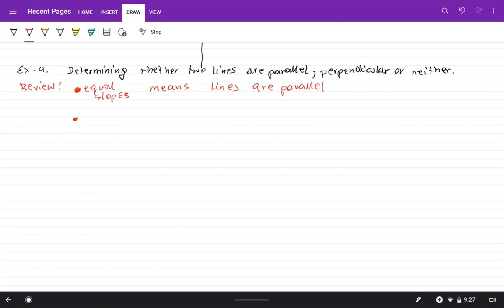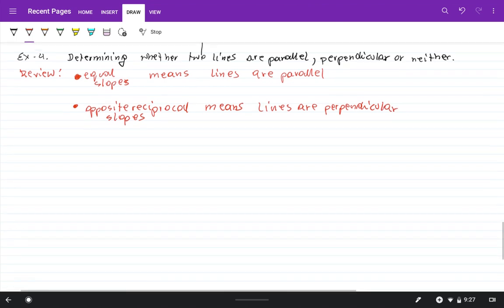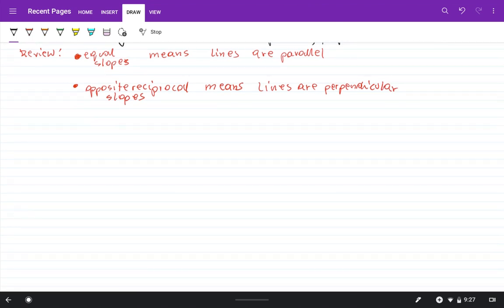Now, opposite reciprocal slopes mean the lines are perpendicular. Okay, so let's do the examples.